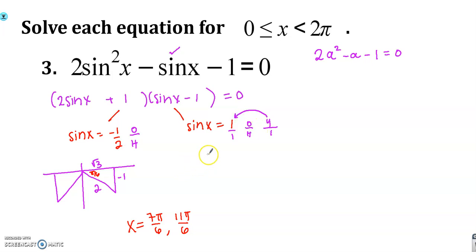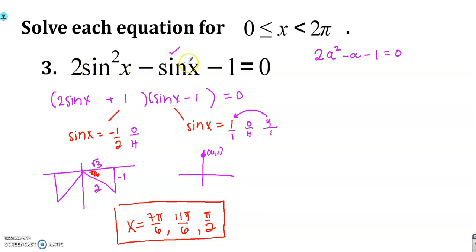So I'm looking for where y is positive 1 in this equation, which would be at the top of the y-axis. So that angle right there is just going to be pi over 2. And even though it's quadrantal, I don't have to worry about it being extraneous because I only have sines in this equation.